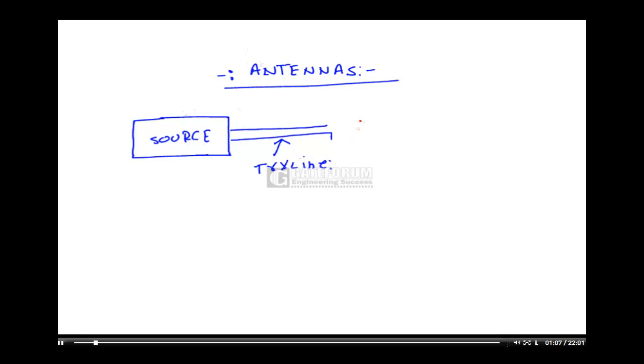Suppose you want to transmit the energy in free space, then here we will connect an antenna. This is the antenna part. So this is free space. If you want to transmit the energy in free space, we need an antenna.